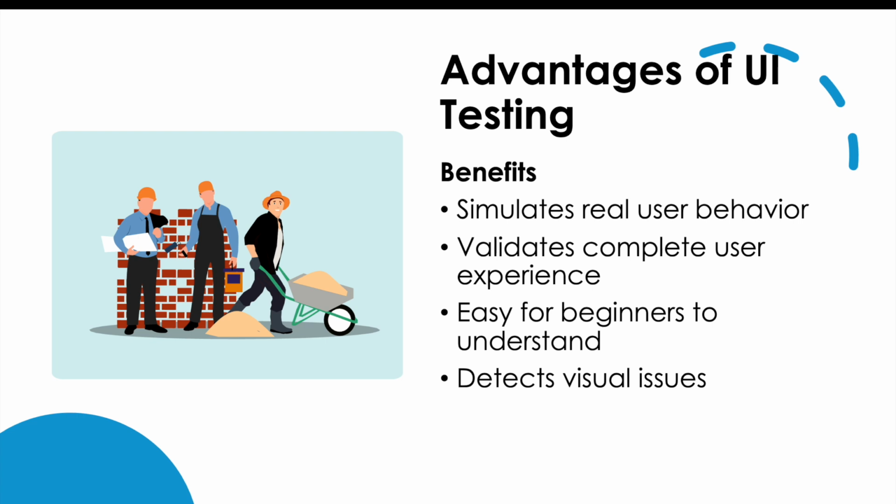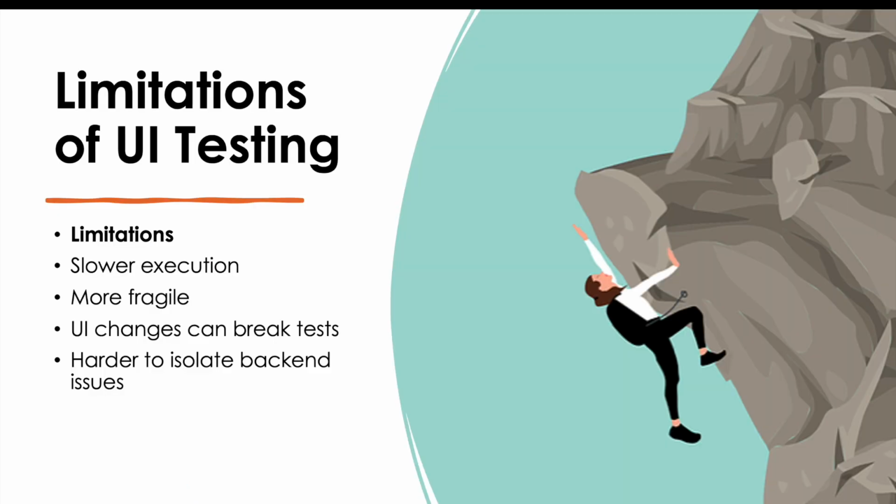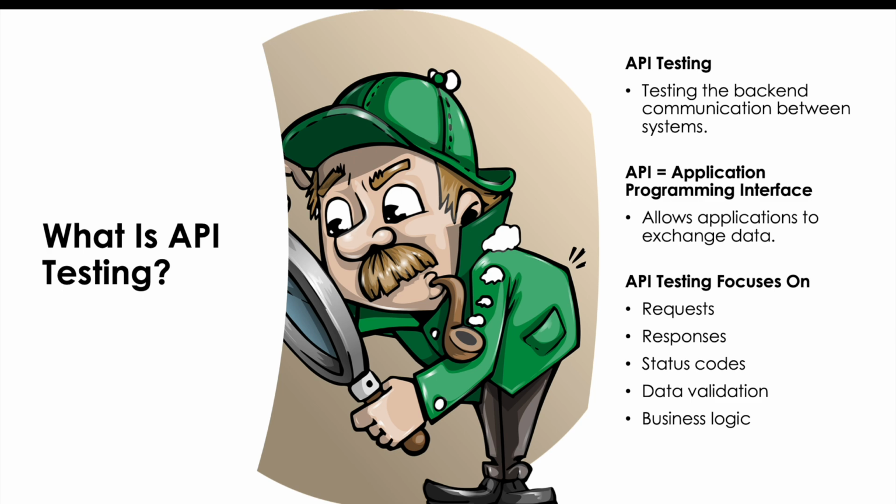Advantages of UI testing: it simulates real user experience, validates a complete user experience, is easy for beginners to understand, and detects visual issues. Limitations of UI testing: it has slower execution, is more fragile, UI changes can break tests, and it's harder to isolate back-end issues.